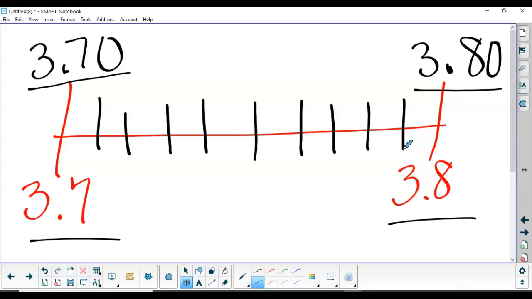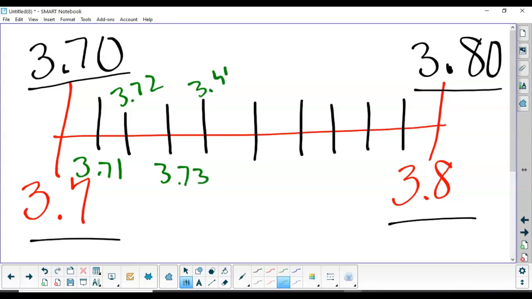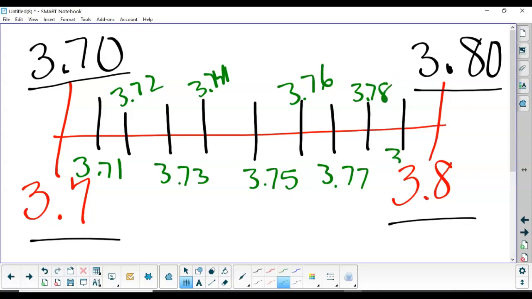What would come next? 3 and 71 hundredths, 3 and 72 hundredths, 3 and 73 hundredths, 3 and 74 hundredths, 3 and 75 hundredths, 3 and 76 hundredths, 3 and 77 hundredths, 3 and 78 hundredths, and 3 and 79 hundredths are all in between 3 and 70 hundredths and 3 and 80 hundredths.